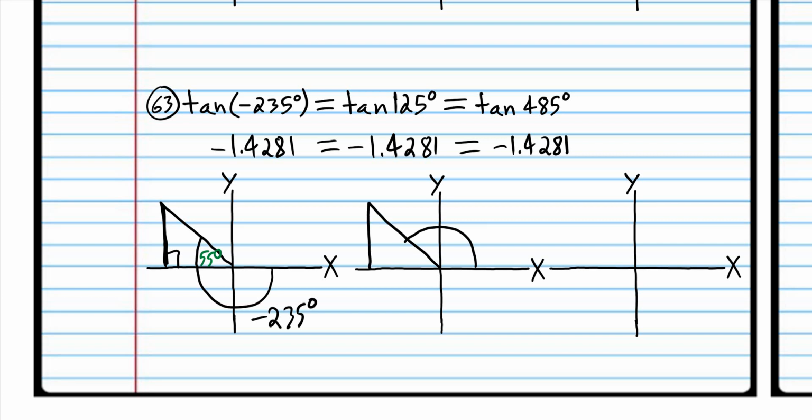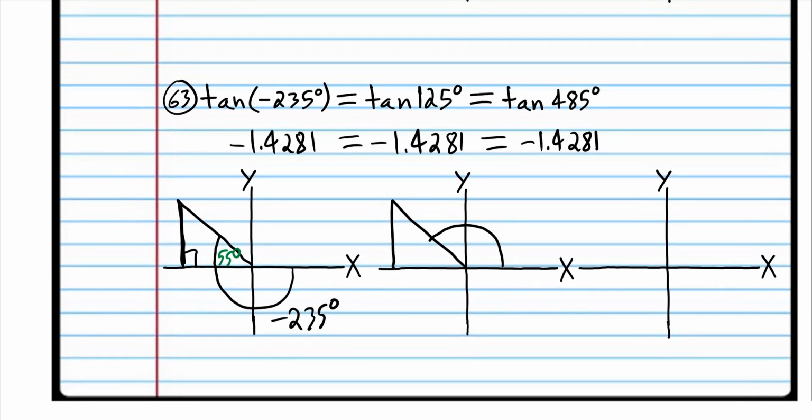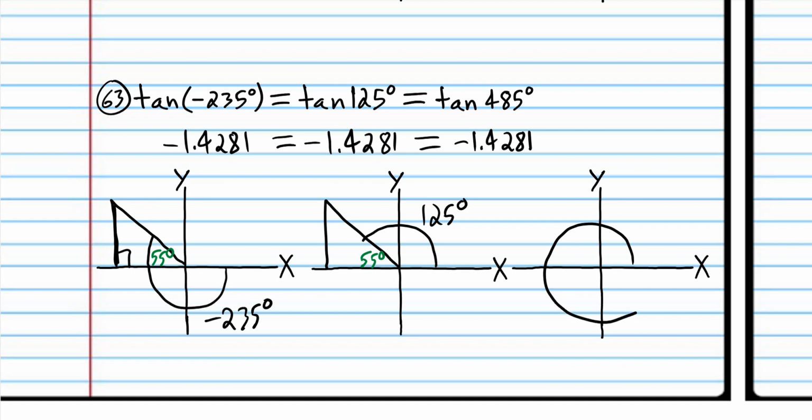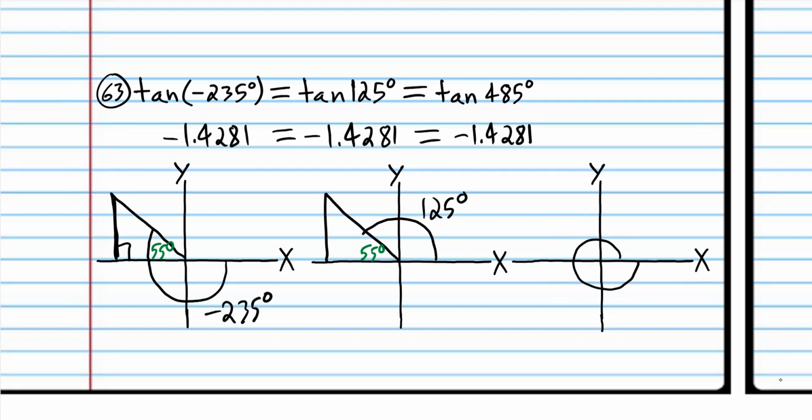And notice the triangle's in the same quadrant, and the reference angle is the same. And let's draw 485. So we're going to go all around 360, and 90 more would be 450. And then we're going to go 35 more, and we get about there. So again, we have the same location for the triangle, and the reference angle is 55 degrees again.